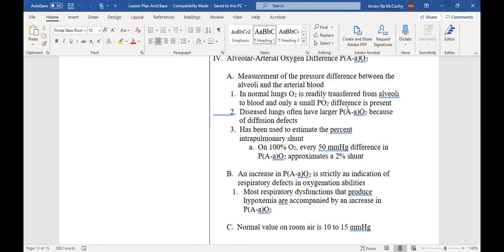The normal Aa gradient is about 10 to 15 millimeters of mercury. What is the normal Aa gradient? 10 to 15 millimeters of mercury.